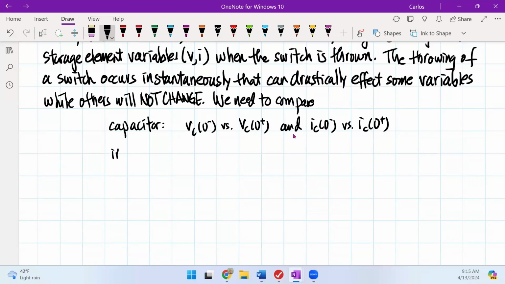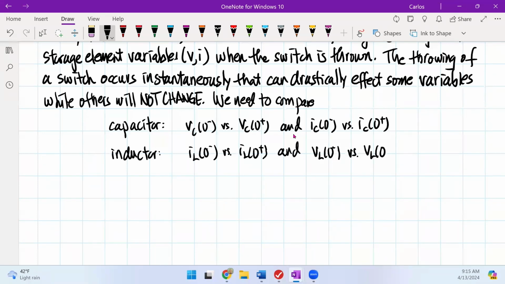And for inductors, we do the exact same thing. We're going to compare IL at 0 minus to IL at 0 plus and VL at 0 minus versus VL at 0 plus. So we now look at those variables here.